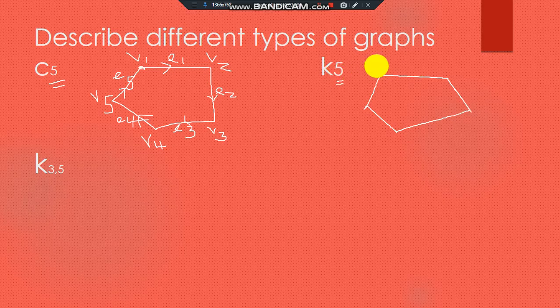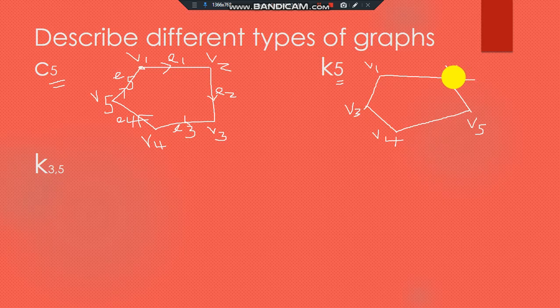I call them V1, V2, V3, V4, V5. Now you take this V1 vertex and join it with all other vertices in the picture.